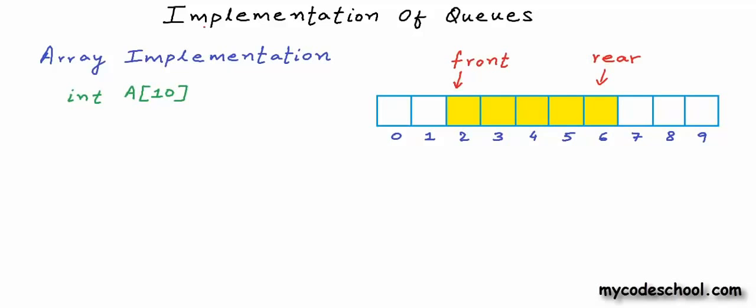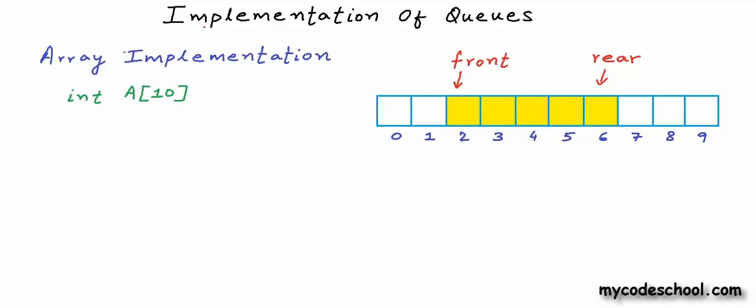In this array, I'm showing the front of the queue towards the left and the rear towards the right. In earlier examples, I was showing front towards the right and rear towards the left. It doesn't really matter. Any side can be front and any side can be rear. It's just that an element must always be added from the rear side and must always be removed from the front.